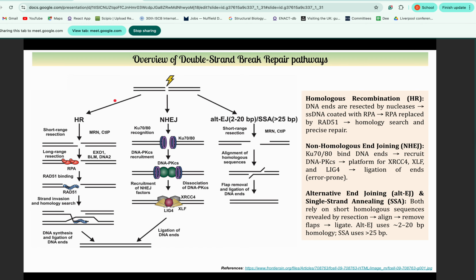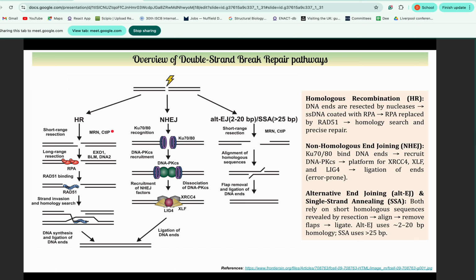Okay, so this is the overview of the different enzymes used in each mechanism. This slide is where complete information is kept, but in later slides we'll go through each process one by one. For example, in homologous recombination, different enzyme complexes bind to the site where the DNA damage has happened. Most likely it is the MRN complex, which is a complex of three different enzymes, and CtIP.